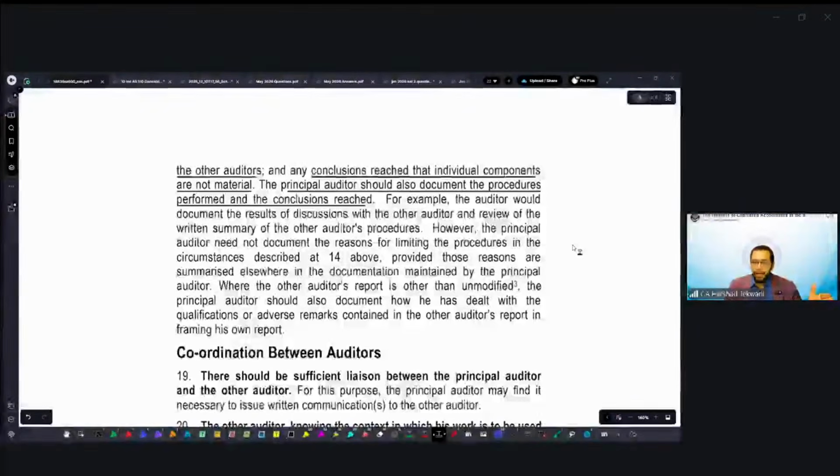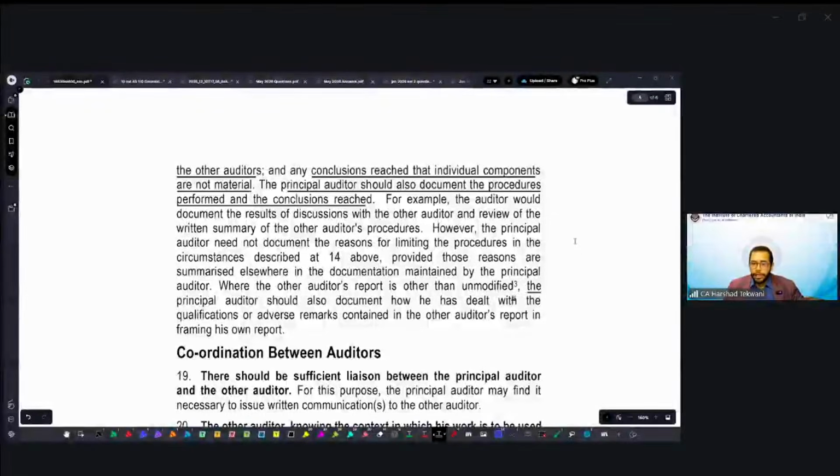If there was a modified opinion in a component auditor's audit report, he has to document how he dealt with it, and whether that particular part is material for him as a whole or not.